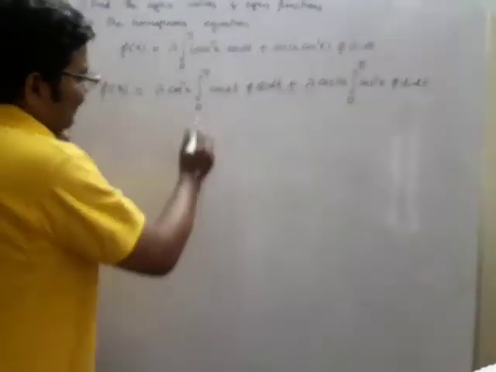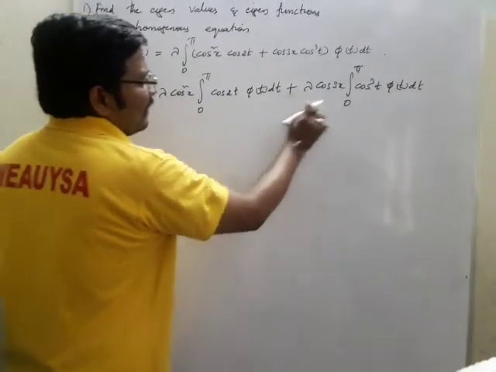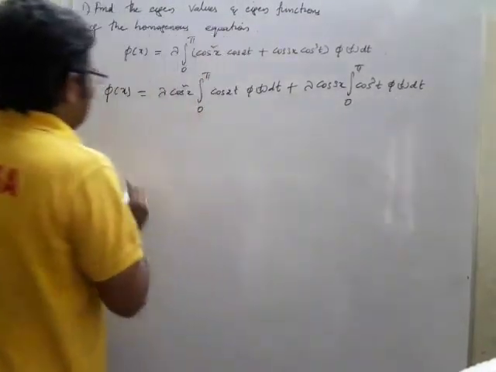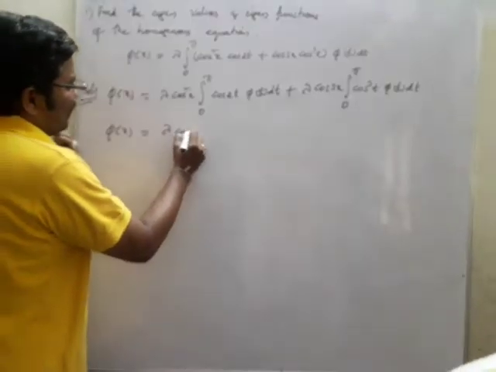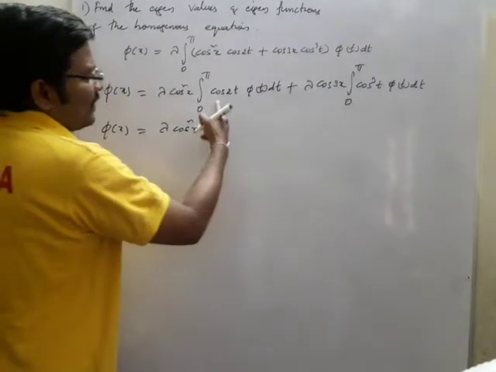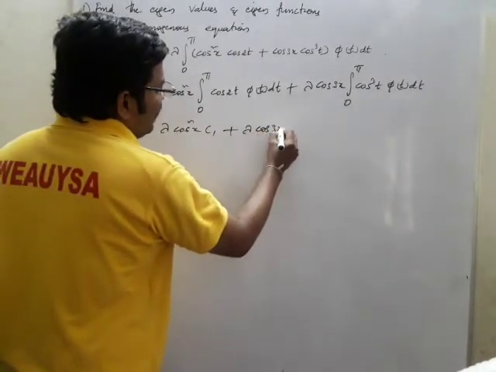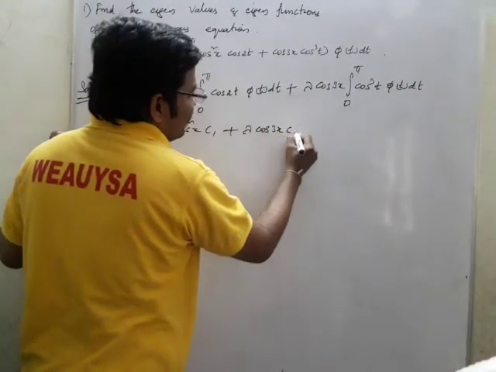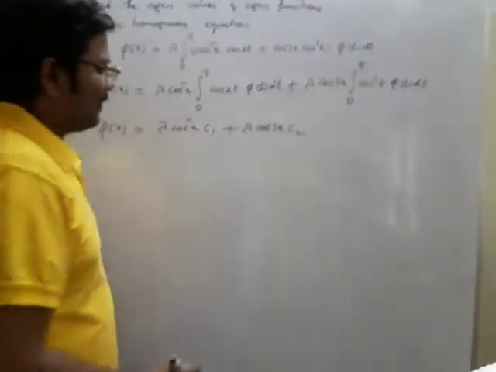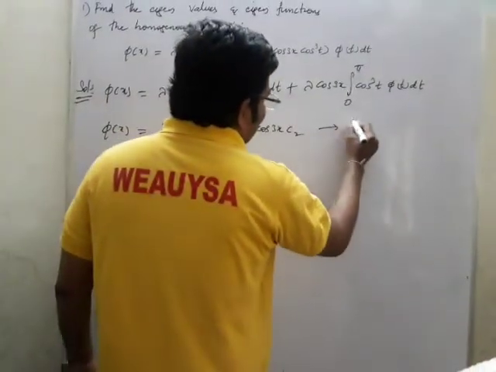Now let us take this entire thing as C1, and this as C2. So what we will get? Phi of x is equal to lambda cos square x, this entire thing is C1, and lambda cos 3x, this entire thing is C2. Let us take this as equation number 1.